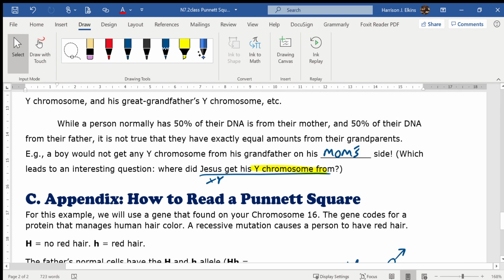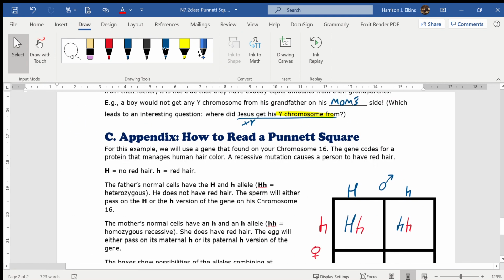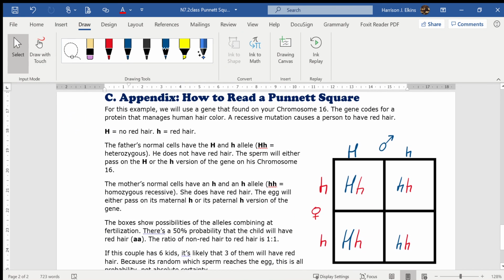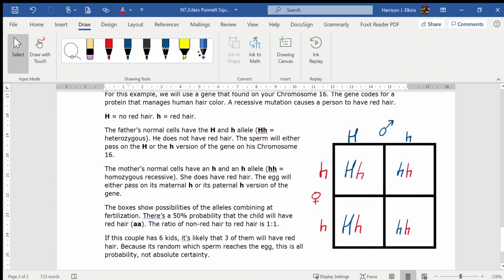All right, so there's your thoughts on the Y chromosome. So you can do this with almost any trait. If you want to do this with red hair, for instance, this kind of explains why you might see a family that has maybe two brown-haired parents and one child with red hair.